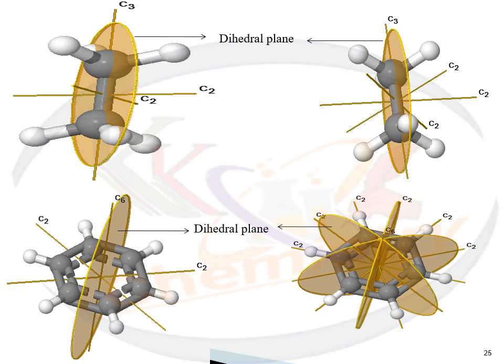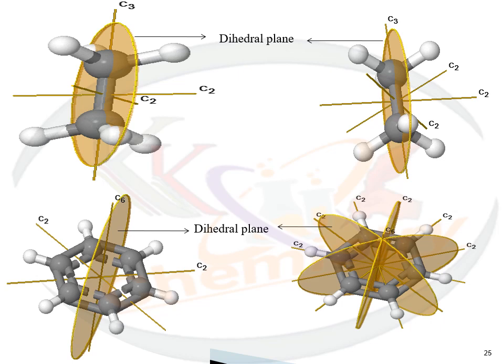Here is another example of the dihedral plane. It is bisecting these two C2 axes. Here you can also see that in benzene a dihedral plane exists.